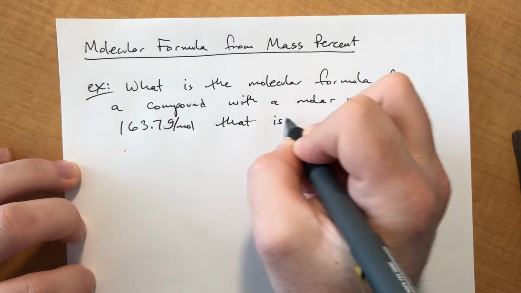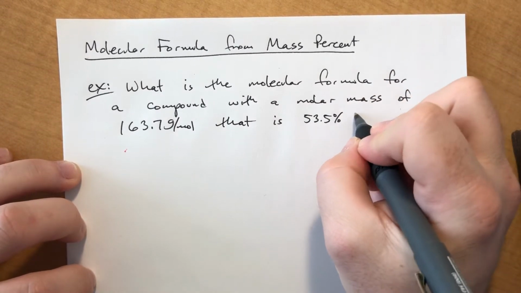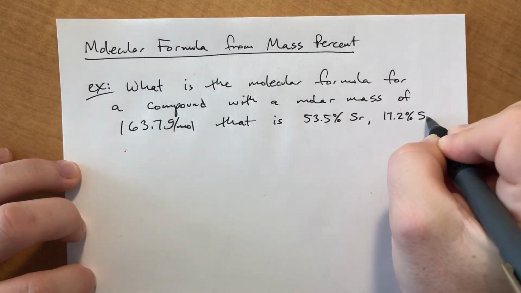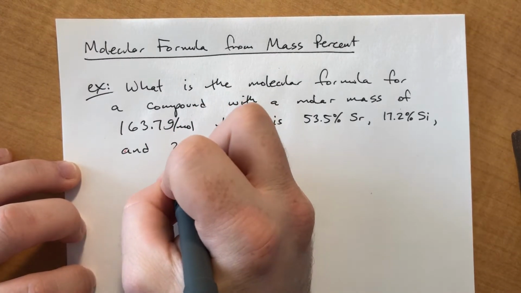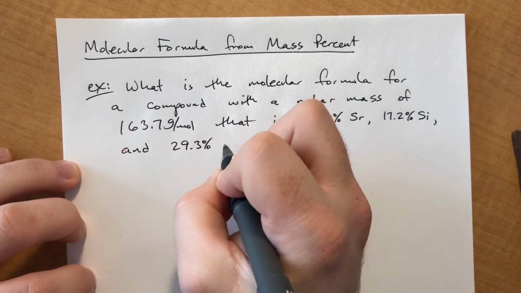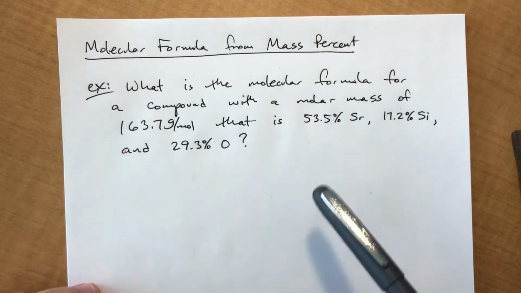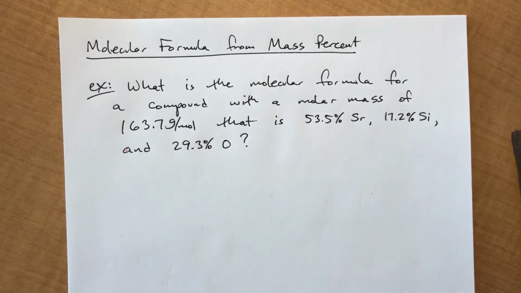That is 53.5% strontium, 17.2% silicon, and 29.3% oxygen. So we know the percentages, we know the molar mass, how much the whole thing weighs together, and we need to know what is the formula.